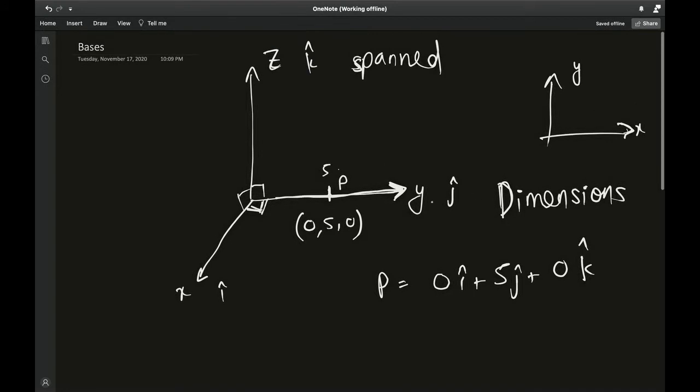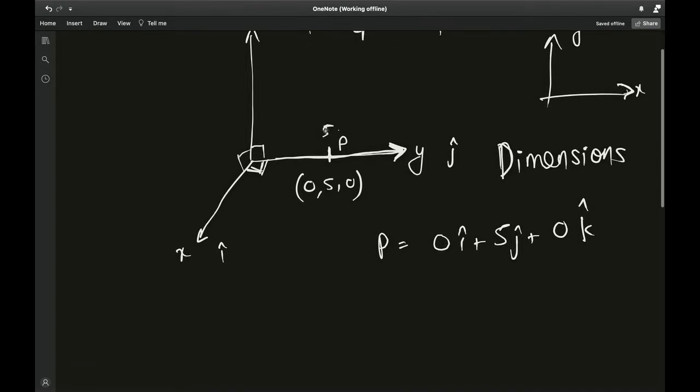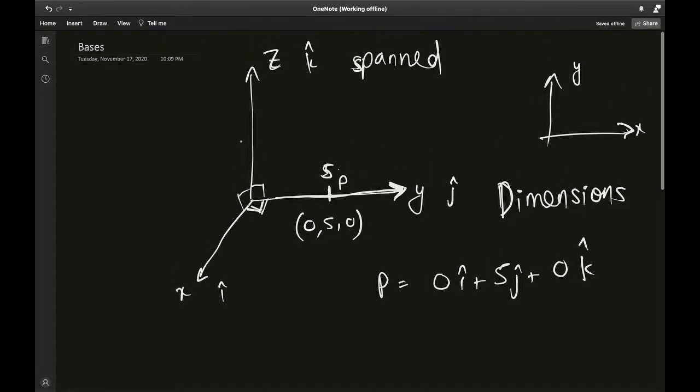That's to say that this point has 0 i cap directions in it, 5 j cap directions in it, and 0 k cap directions in it.